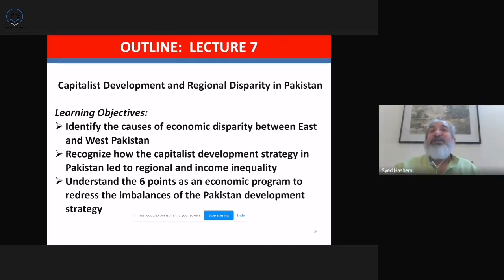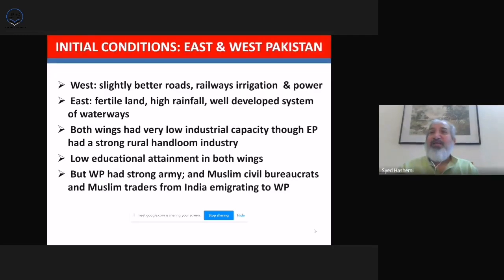We'll also try to understand how the 6-point program of Bangabandhu Sheikh Mujibur Rahman and Awami League tried to redress the imbalance, the 6 points that the Pakistan state never accepted. And in fact, when it was obvious that we would take over government and implement the 6 points, they launched this massive genocide.